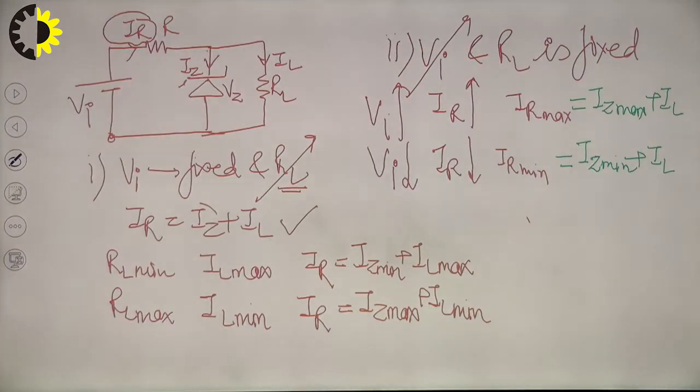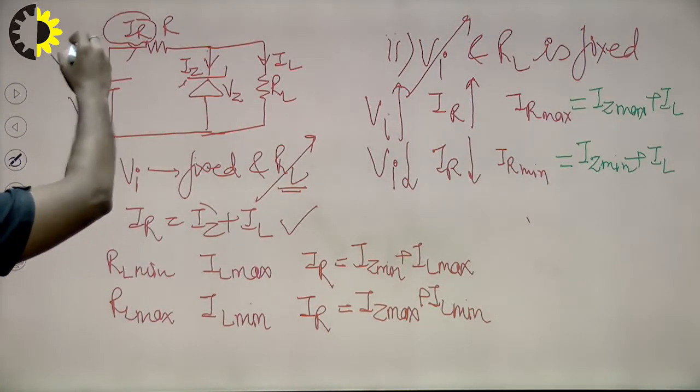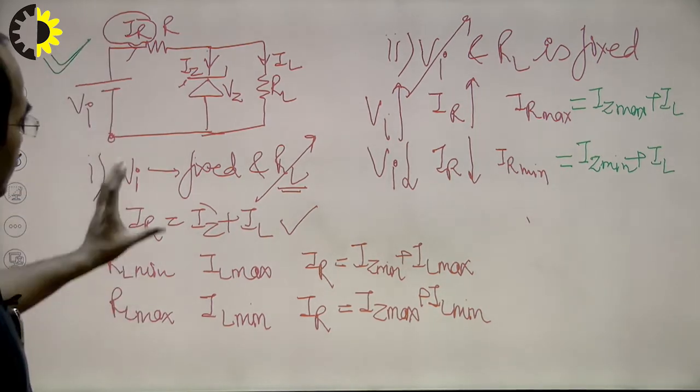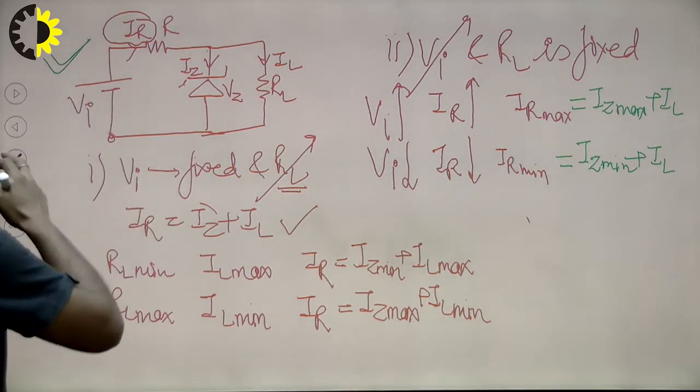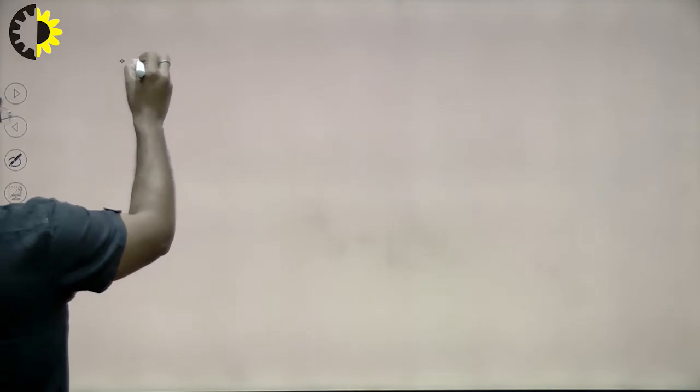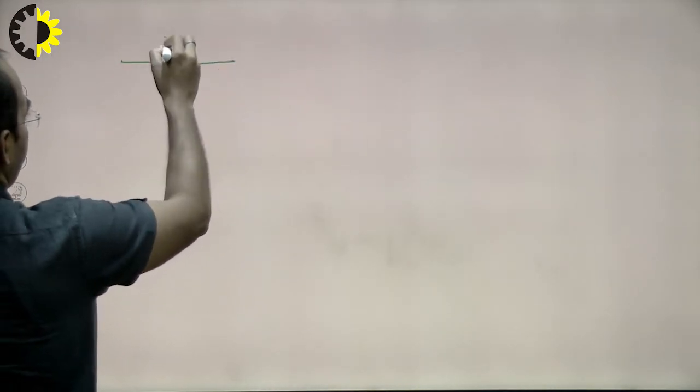Now, how will we solve the numericals related to the Zener diode or related to the voltage? Suppose this is a circuit with Vi, R and RL.